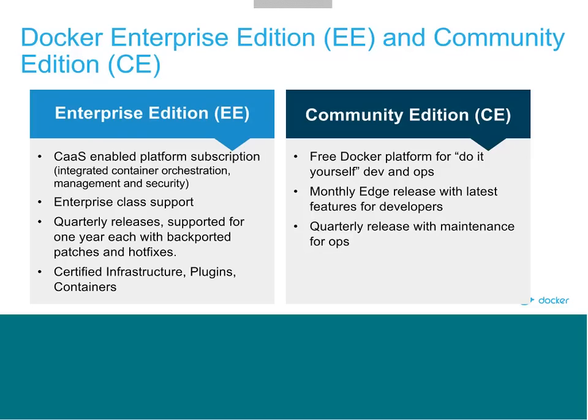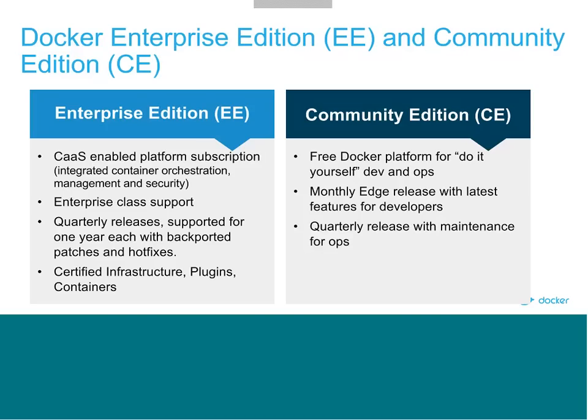I'll get into the details of the release cadences later, but Docker Enterprise Edition is released quarterly, so there's a release every quarter, and each release is currently supported for 1 year. When we say supported, it means that you can call us and get help, but it also means that each of those quarterly releases will, for a full year, backport patches and security fixes so that you can keep running the same version in a secure manner, fully patched.